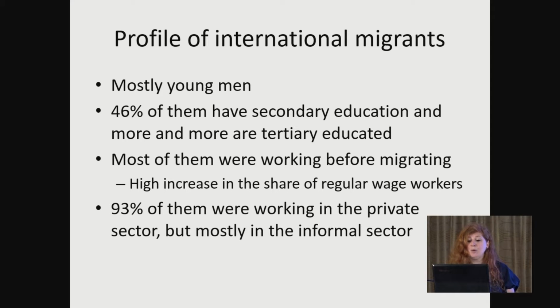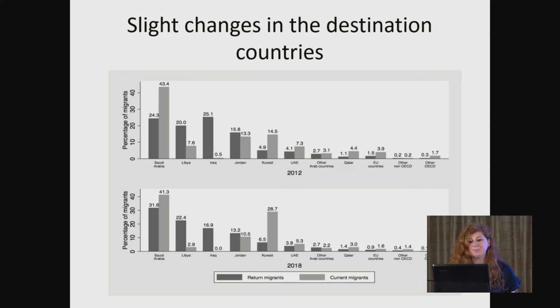And almost all of them, so 93% of them, were working in the private sector and mostly in the informal sector. So it's interesting to link this to the findings on the vulnerability and on the deterioration of the conditions of wages, but also of coverage, informality and job satisfaction.